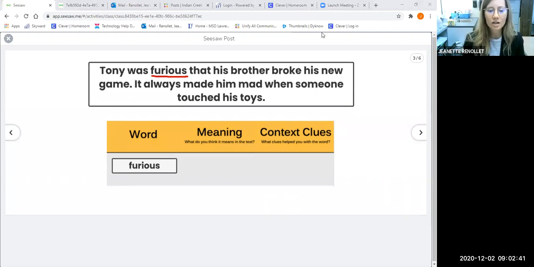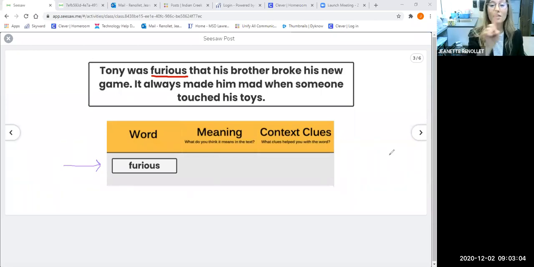Today, we are talking about the word that's underlined. Sometimes when we are reading, we don't even know how to say the word. It may be a word that you skip over, or you say, I don't know that one, I'm going to keep going, and that's okay.